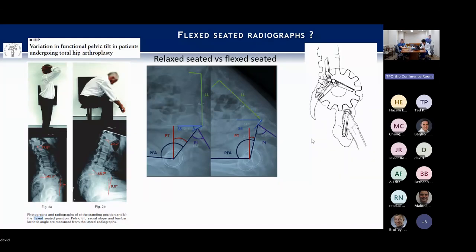They demonstrated that on average, you change 20 degrees of lumbar lordosis in the sitting position, and your hip flexes about 60 degrees. So basically, if you can't get 60 degrees of flexion through the hip, if there's a contracture, that ends up causing more strain on the low back. And if you don't have 20 degrees of lordosis in the low back, then you try to get more hip range of motion to compensate for that.